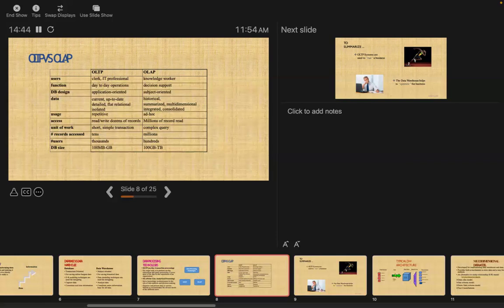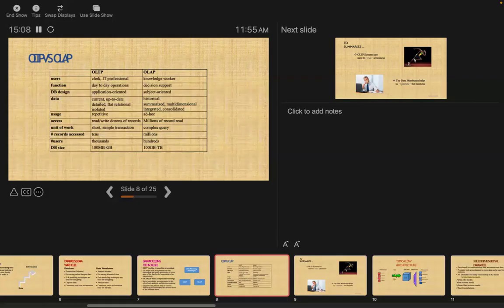Now, in the case of usage, it is a repetitive task in OLTP. In OLTP, you may have to perform the same query again and again. But in the case of OLAP, it is not mandatory that every day you have to perform the same tasks. It's a kind of ad hoc. Whenever we need to perform decision making, then we go for it.